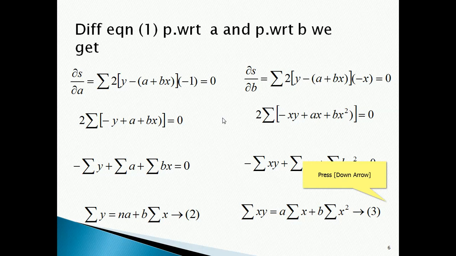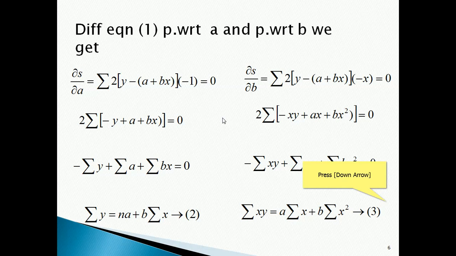Similarly, differentiate S partially with respect to b. Del S by del b is equal to summation 2 times (y minus (a plus bx)). Again we need to differentiate y minus (a plus bx) with respect to b. Y differentiation is 0, minus a differentiation is 0, minus bx differentiation with respect to b is minus x, that is equal to 0. Once again take 2 outside and multiply throughout by minus x: minus xy plus ax plus bx square, that is equal to 0.